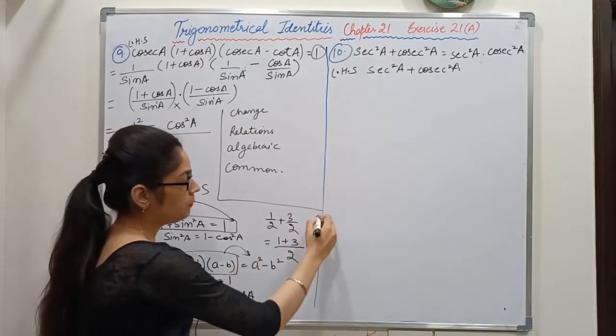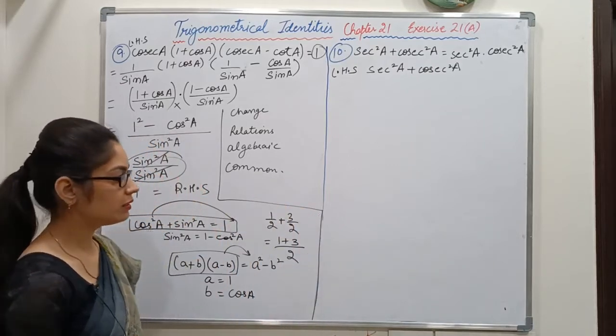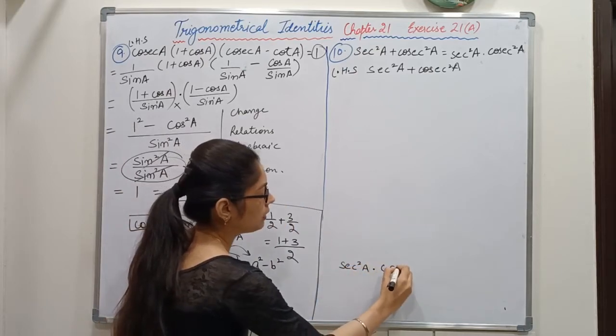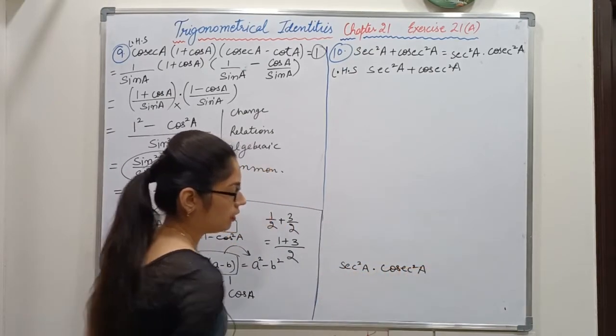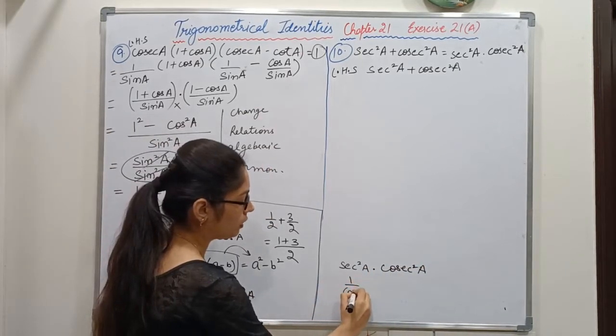So from there, what is secant square A into cosecant square A? Secant is 1 by cos.